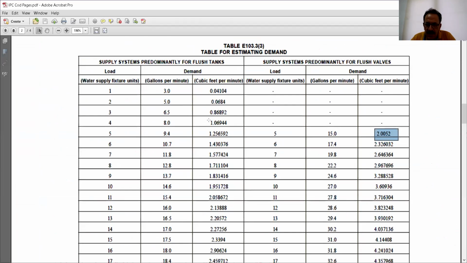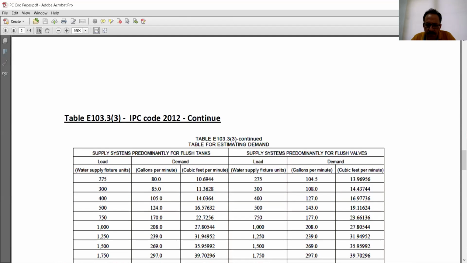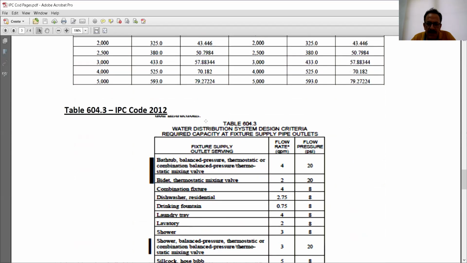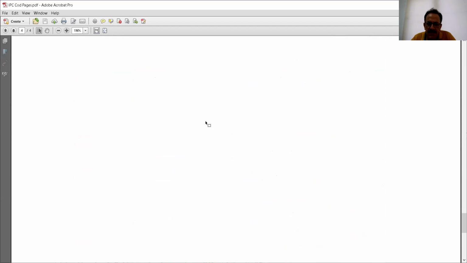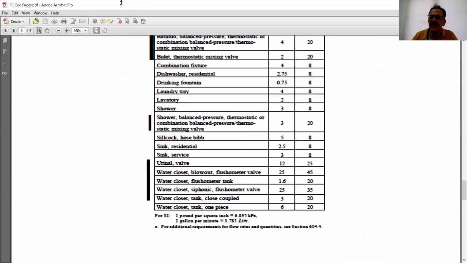So that was my point for today, and this is what we have for the water. We have the same thing for the fixtures; it's called the drain fixture unit.